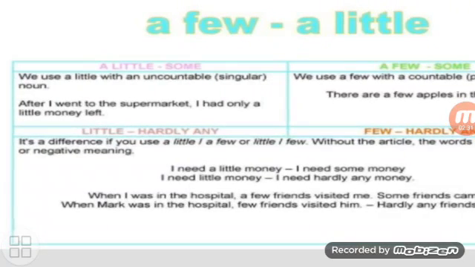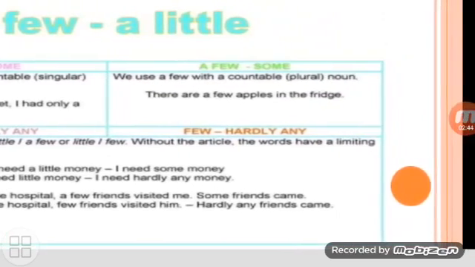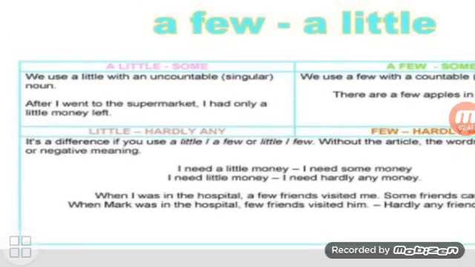There's a difference if you use a little, a few, or little, few. Without the articles, these words have a limiting or negative meaning. For example, I need a little money means I need some money.